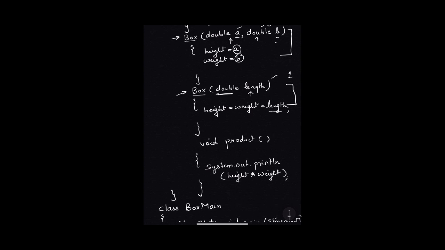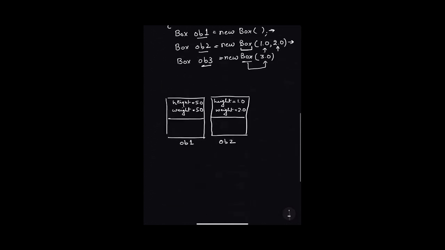So I can say that my value 3.0 will be assigned to both weight and height. So coming back to my diagram, for object 3, the value of height is equal to 3.0 and the value of weight is equal to 3.0.